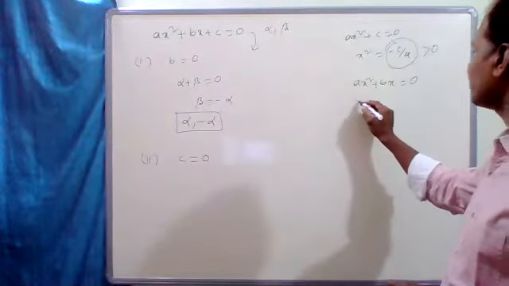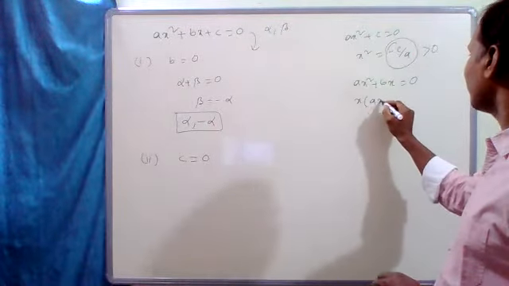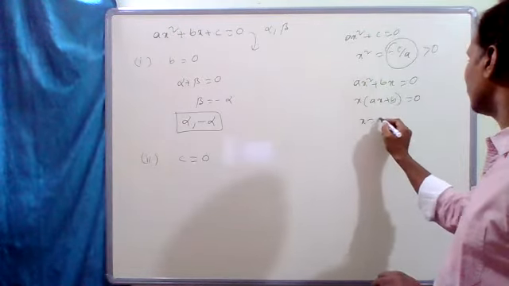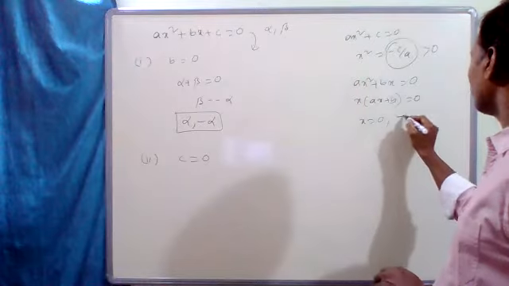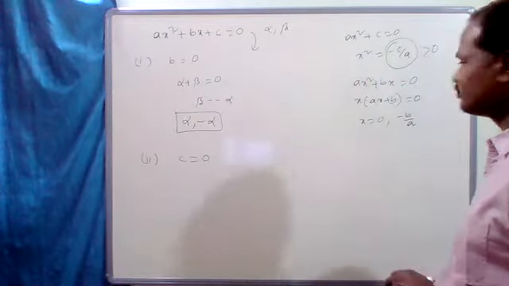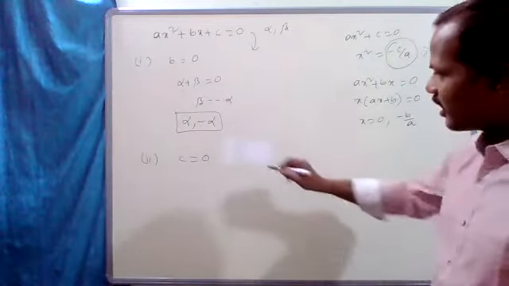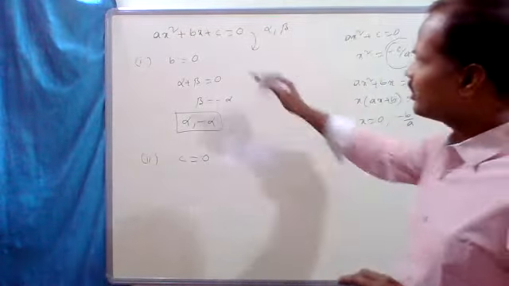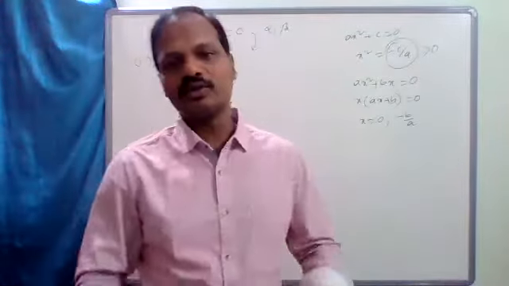So x into ax plus b equal 0. So x equal to 0 and x equal to minus b by a. Here I gave only c equal 0, not b equal 0. If b also 0, then both roots are 0.